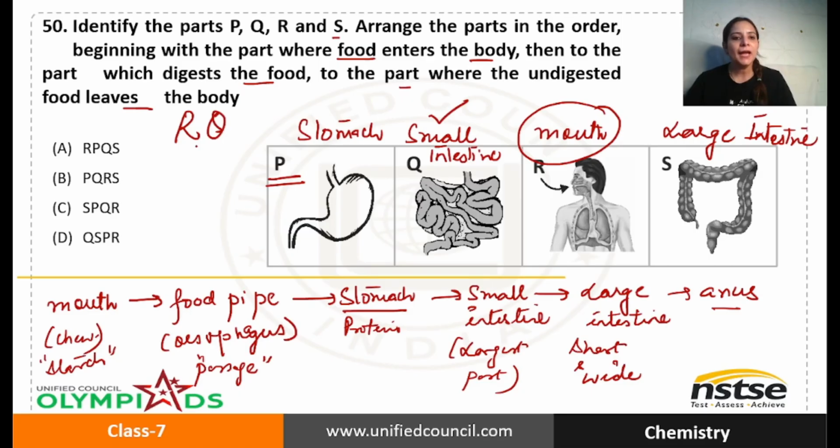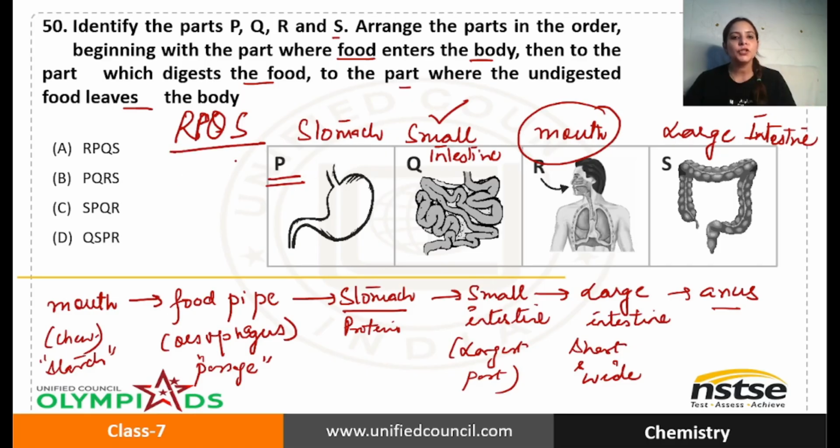Then, digestion starts in the stomach also. So let's write it down, then we'll clarify it. The part where the undigested food leaves the body is S, and in between we'll write P also, because P also acts as a passage where digestion still goes on.